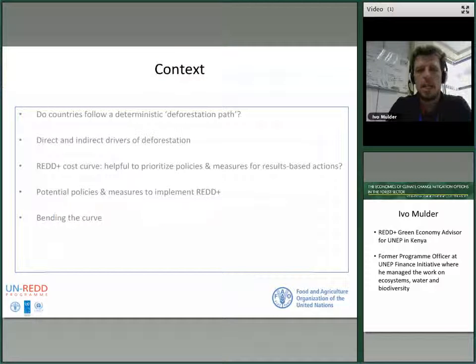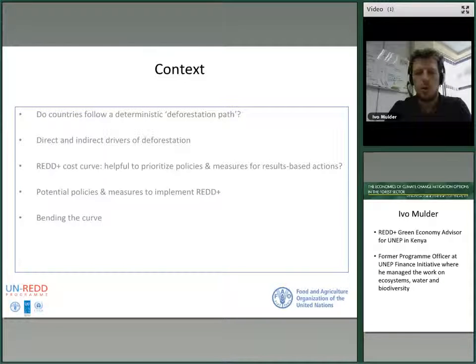So basically the topics that I'll cover is, first of all, to understand that quite a few countries are following a deterministic path, where deforestation basically increases as countries develop economically. But that is, of course, the type of curve that we want to circumvent.